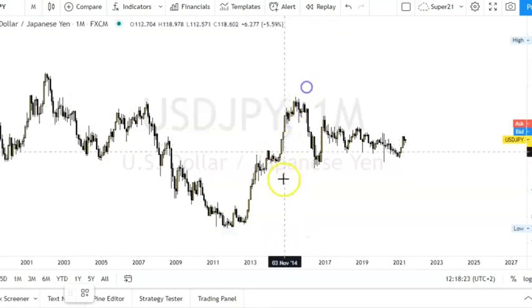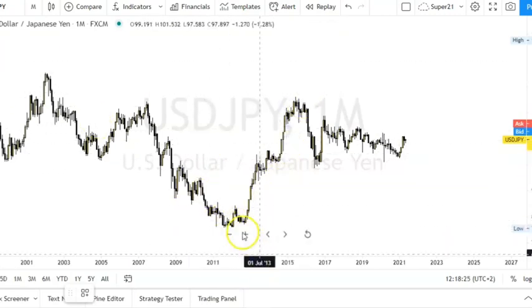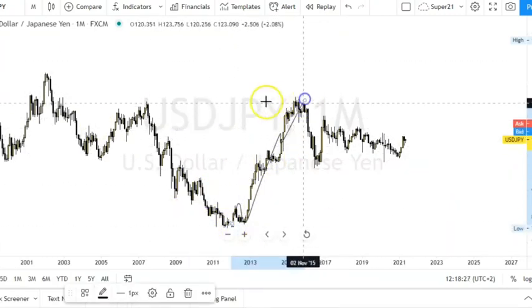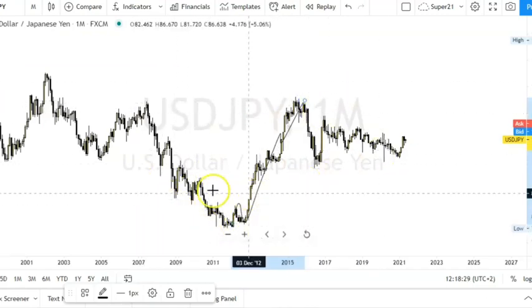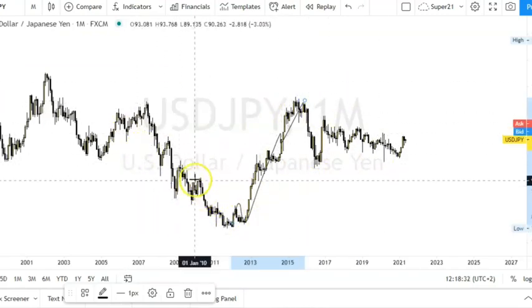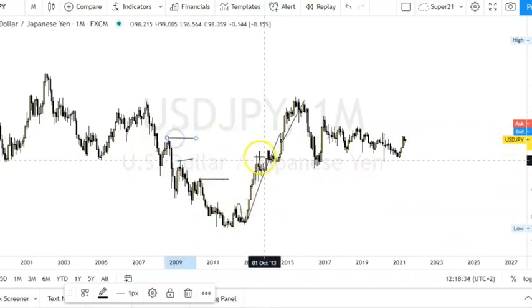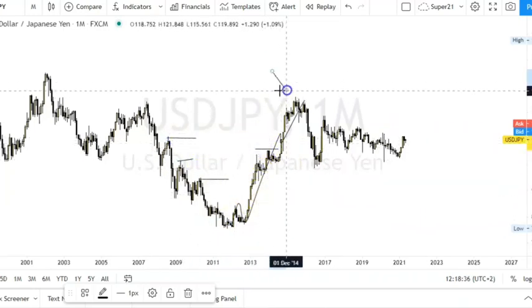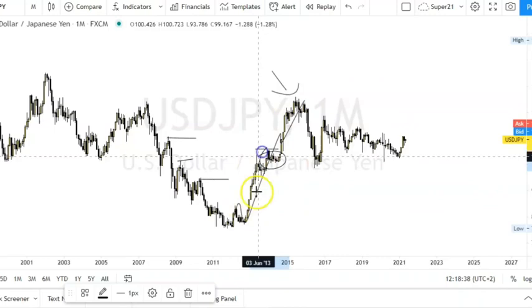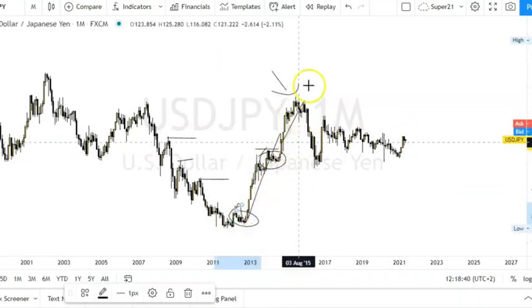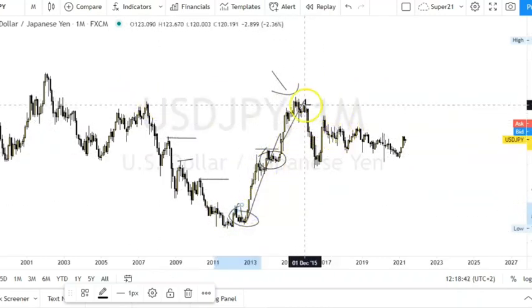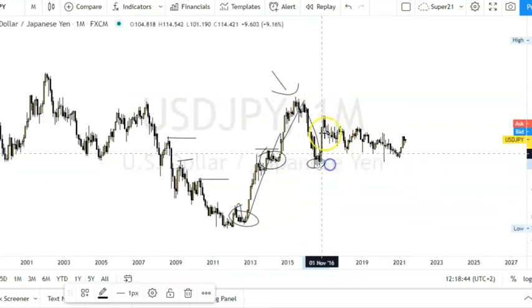So we'll start with the monthly. As you can see, there are errors being taken out, and this is basically a new high from these highs that the price is creating, and we saw price retracing.